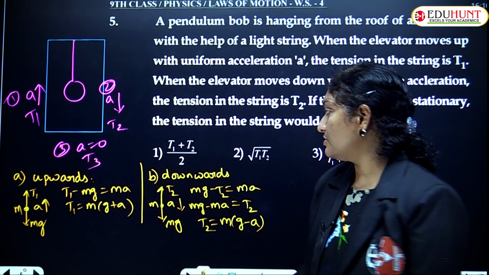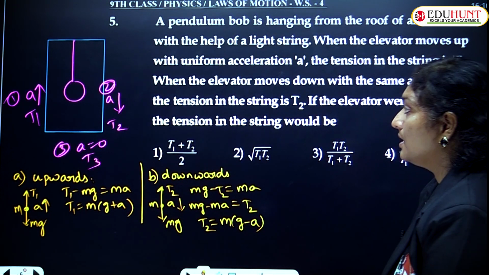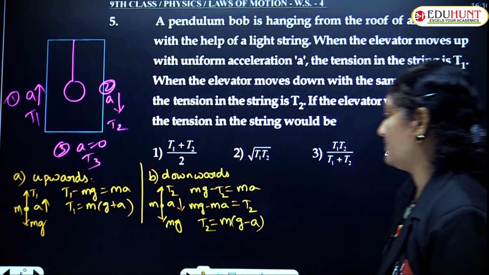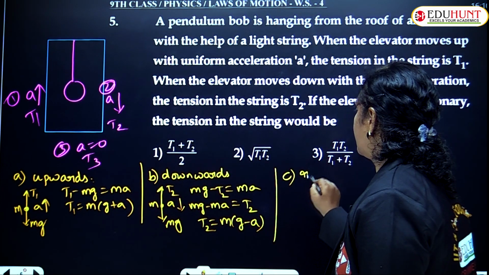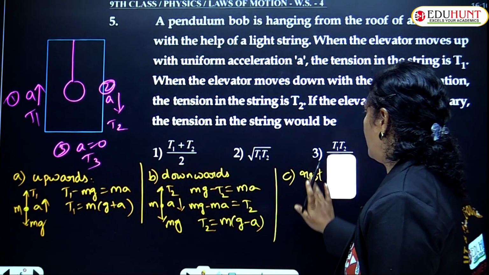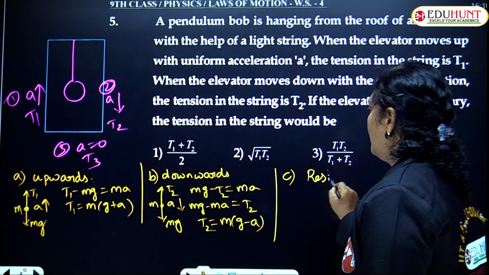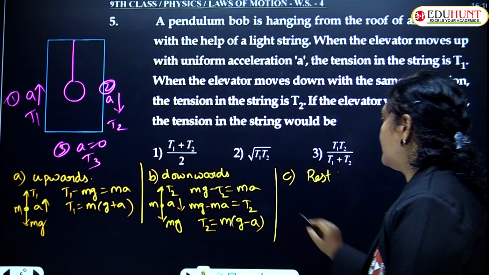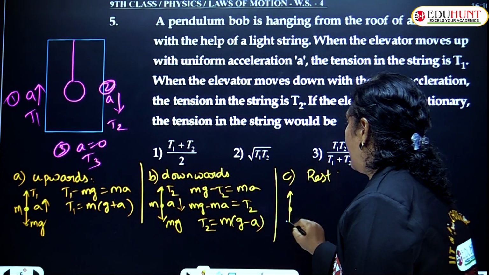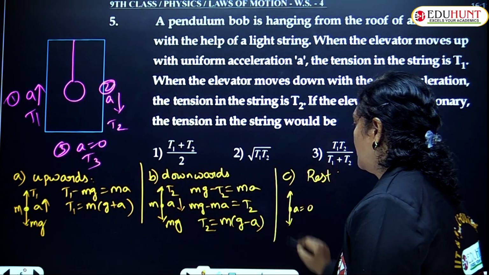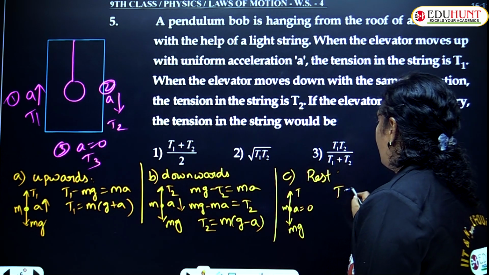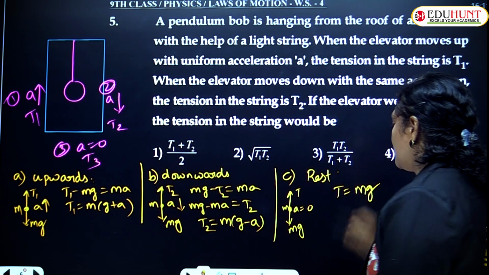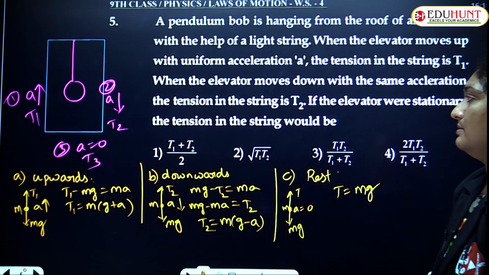Now you're asked to find out the tension whenever the lift is at rest. Case 3, children. When the lift is at rest, there is no acceleration, a equals 0. So the upward force is balanced by the downward force, that is T must equal mg.